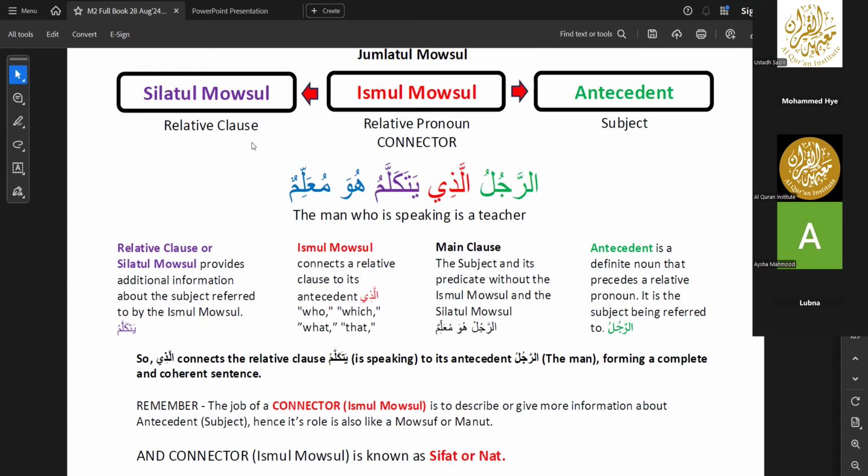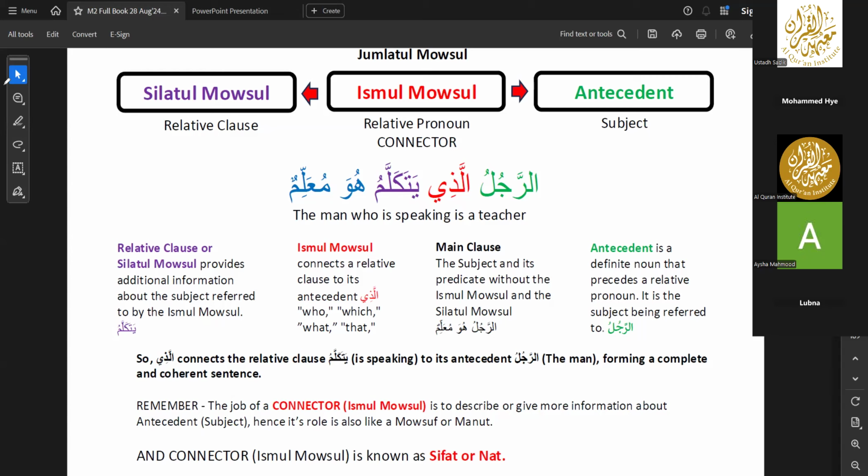Good question. Is huwa muallimu the silatul mawsul, or allazi yatakallamu huwa muallimun together is the silatul mawsul? I think it can be, because it's explaining the whole sentence here. Also, like Ustad said before, ar-rajulu and huwa muallimun could have been a complete sentence, mubtada and khabar.